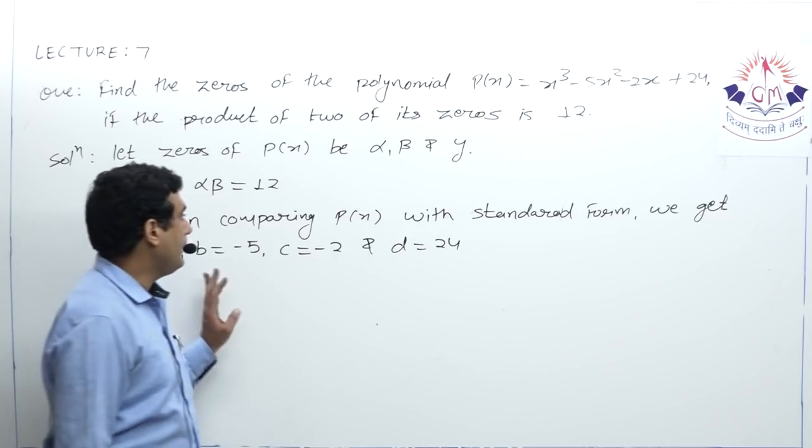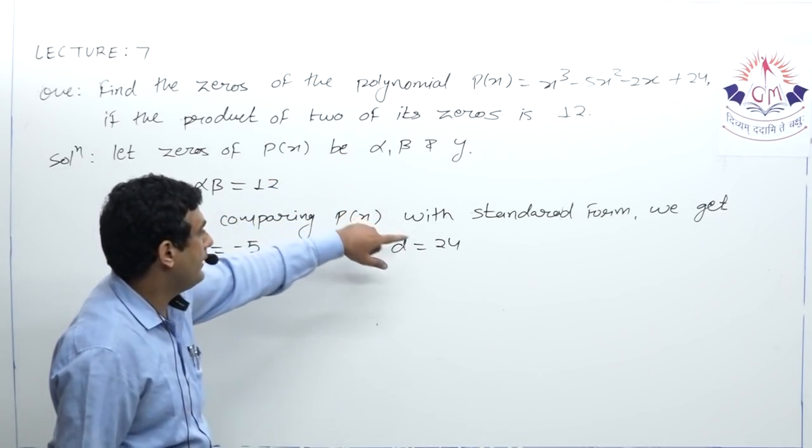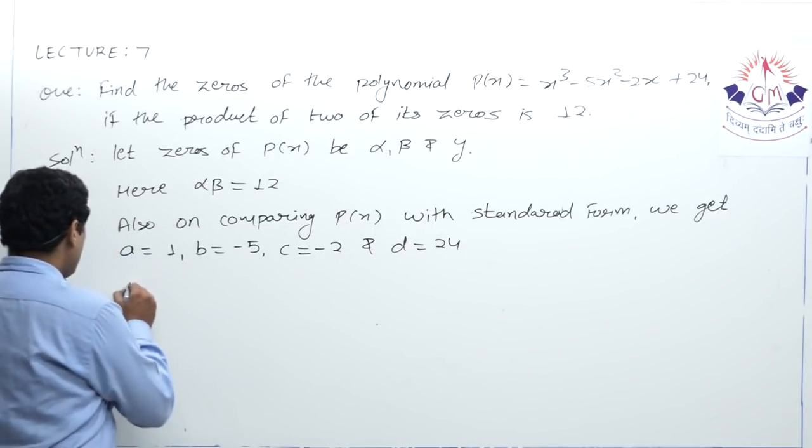Okay, on comparing the given polynomial with the standard form, we get a, b, c, d.